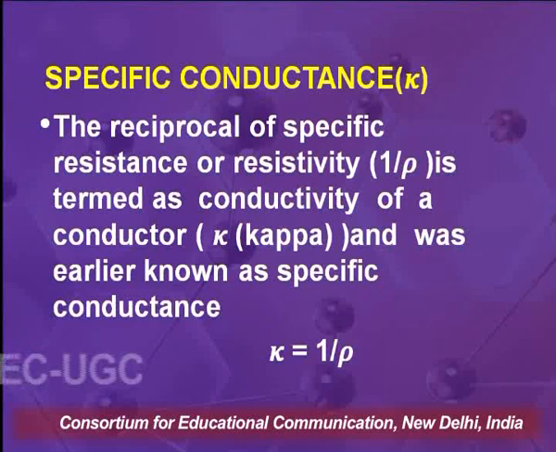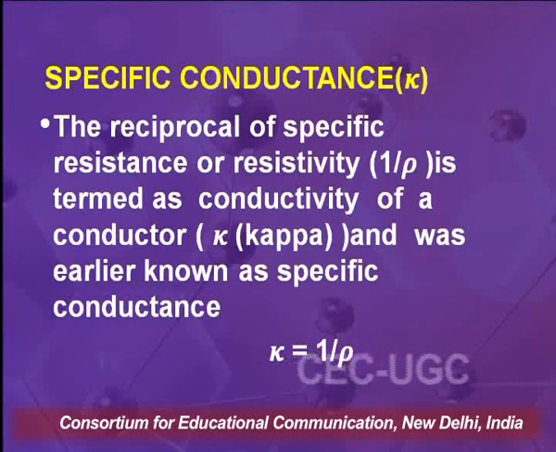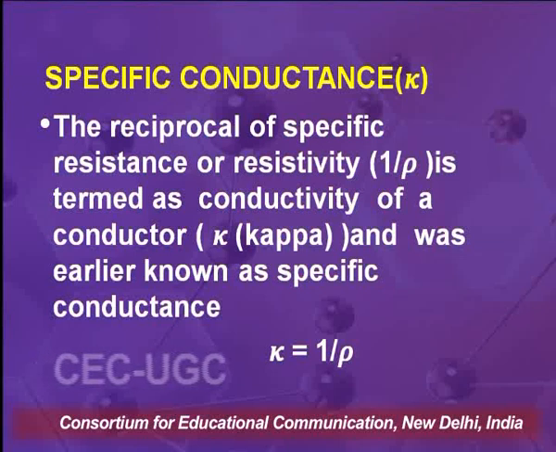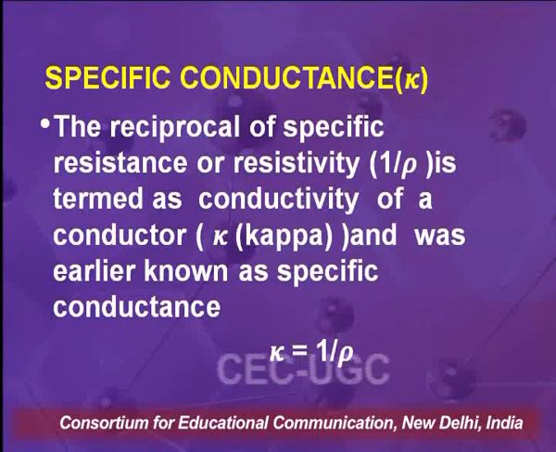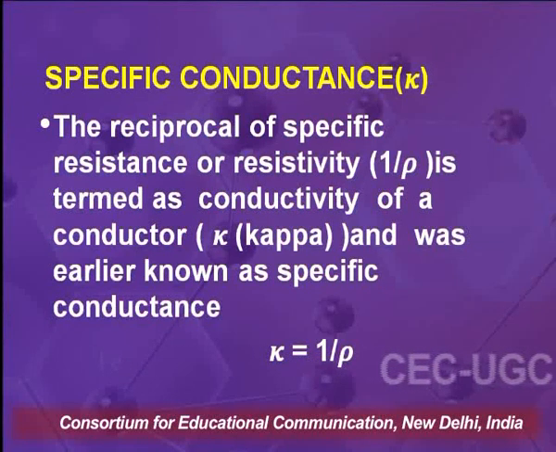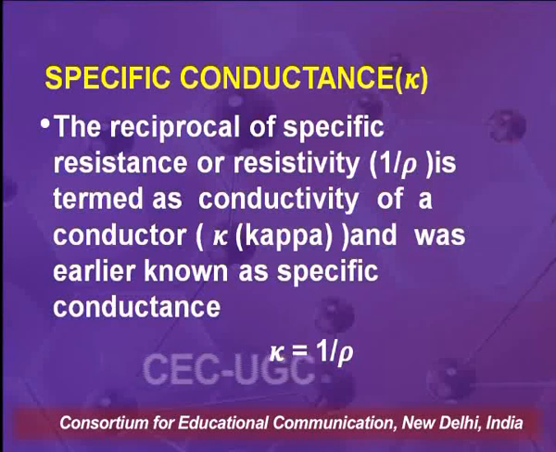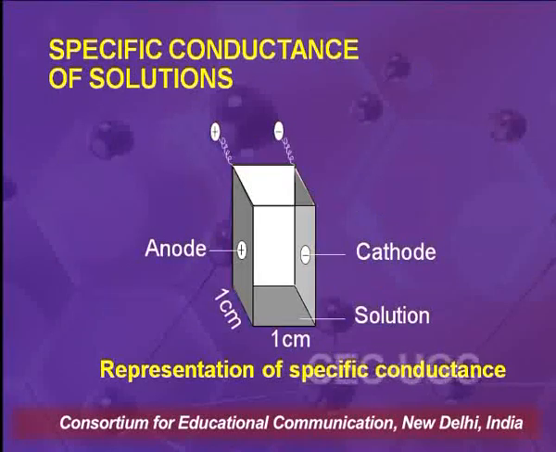The reciprocal of specific resistance or resistivity, 1 by rho, is termed the conductivity of a conductor, represented as kappa, and earlier known as specific conductance. So 1 by rho is equal to kappa, or kappa is equal to 1 by rho.